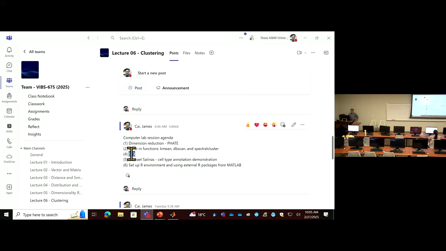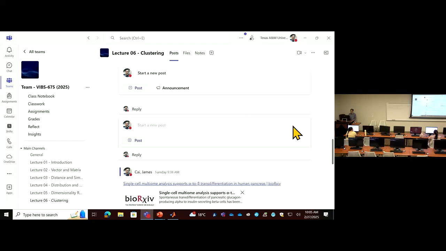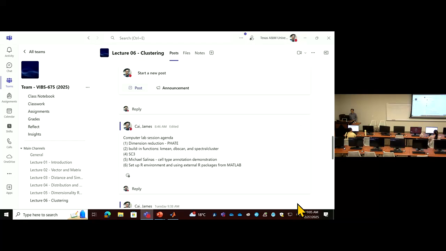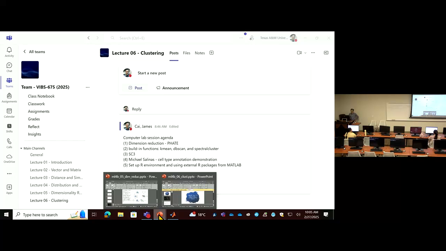And then we will visit the SC3 algorithm. Let me edit this a little bit. We will look at the source code and see how each step of the source code implementation matches the paper-described steps in the PowerPoint slide.